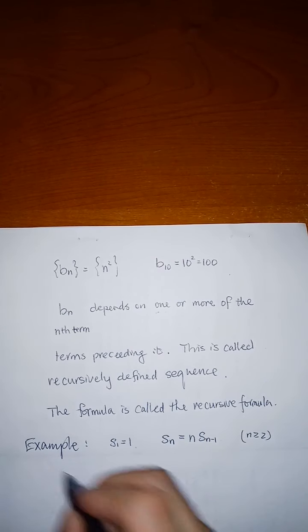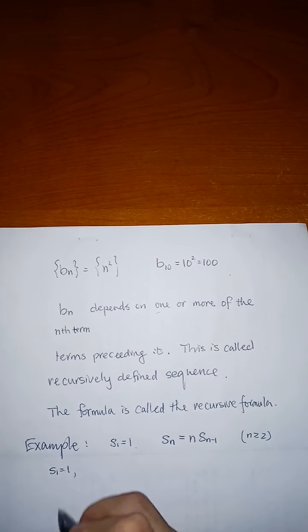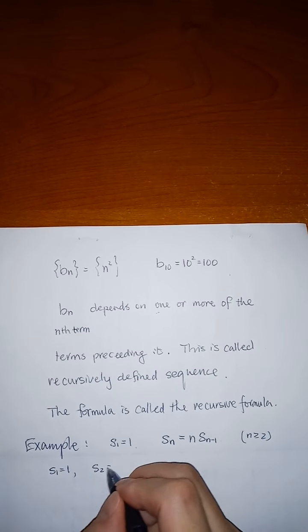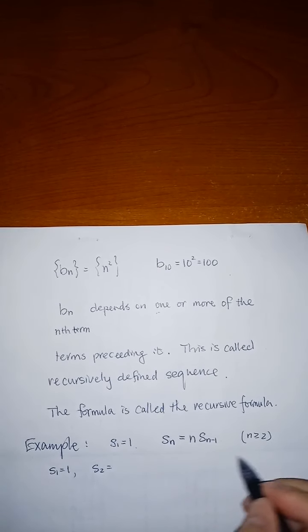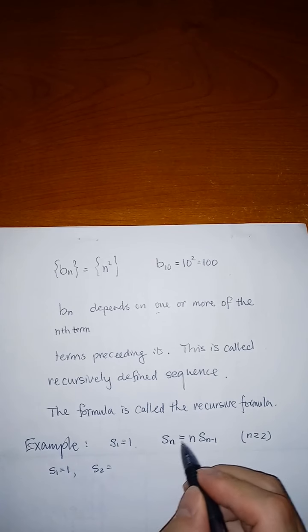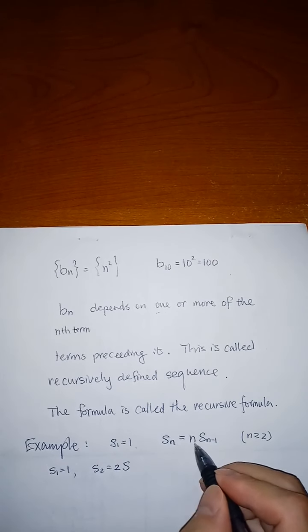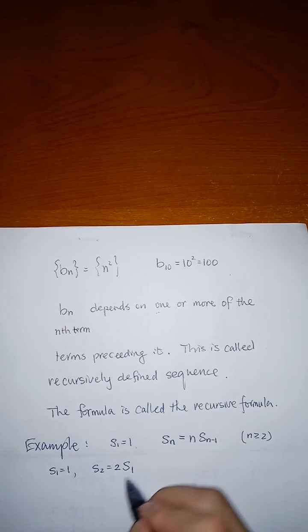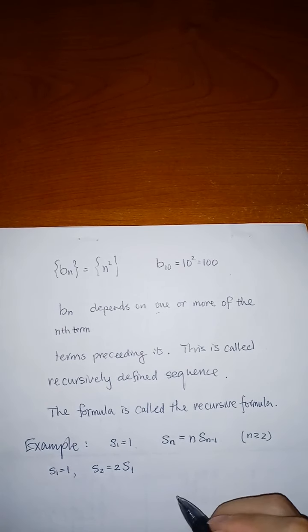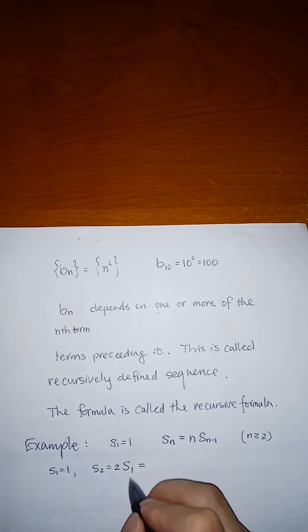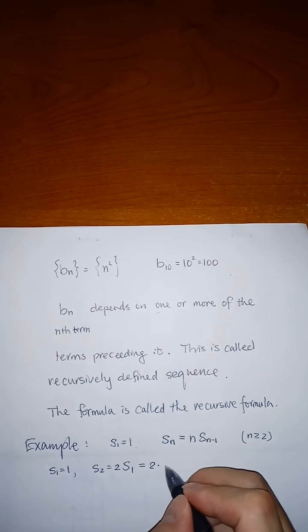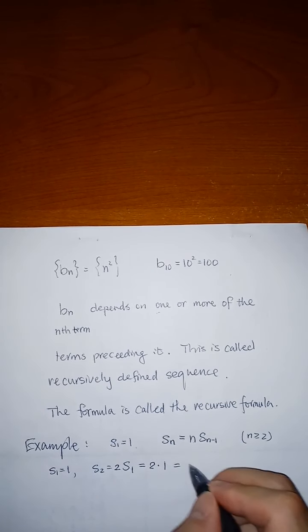Okay, so let's try it. S1 is 1. Then what is S2? By definition, you have to use this relation. With n equal to 2, S2 is 2 times S1, since 2 minus 1 is 1. S1 is 1, so 2 times 1 is equal to 2.